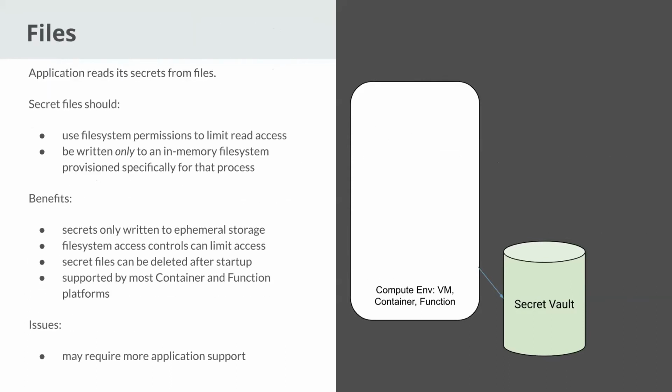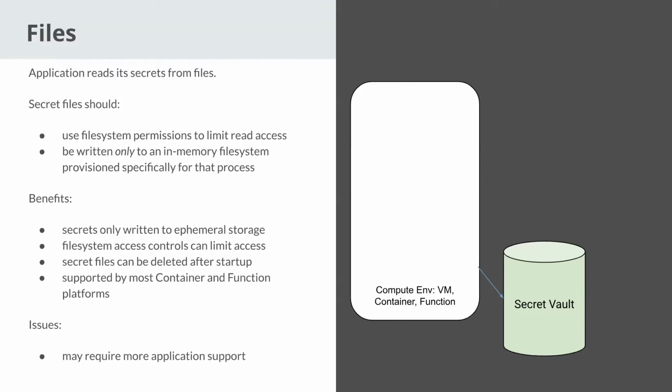So files. An application can read its secrets from files. It's almost a truism now: don't put your secrets onto disk. And it's true. Your secrets, in this case, should go onto an in-memory file system to maintain the ephemeral nature of these secrets.